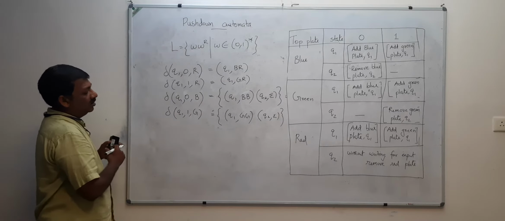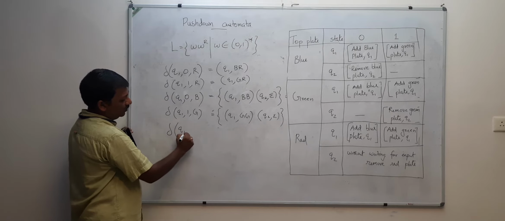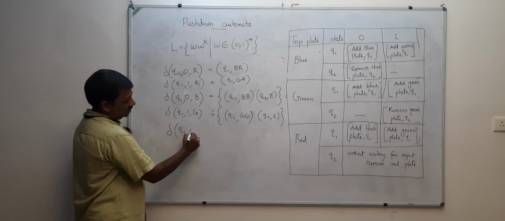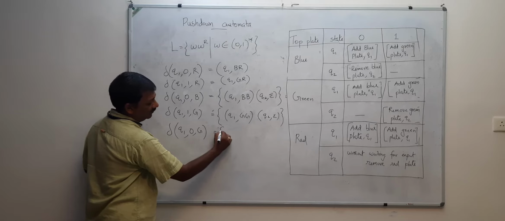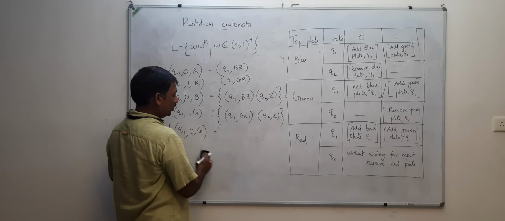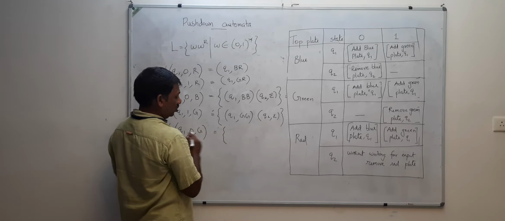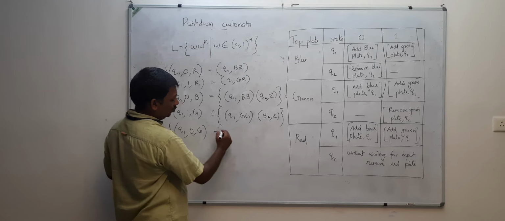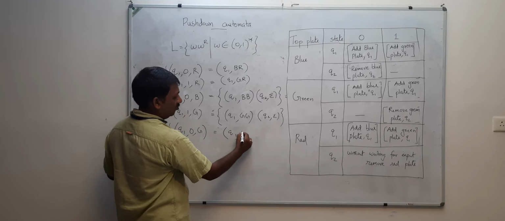Now other transitions are delta of Q1, 0 and green. Definitely you can push that element on the stack. That means blue can be pushed on the stack, staying in the same state Q1, blue green.